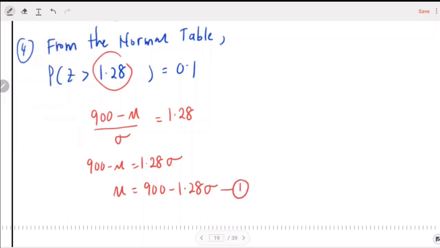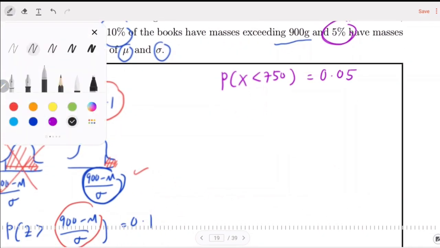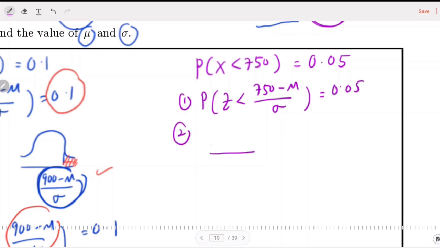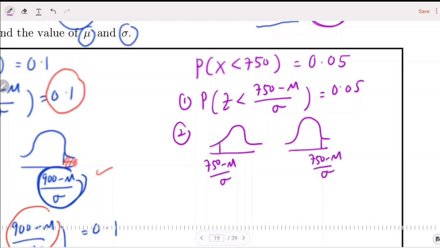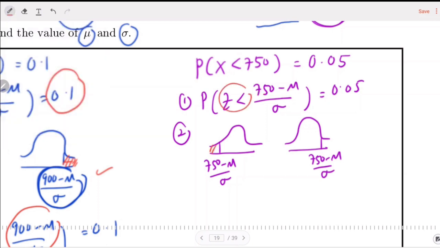And then we proceed with the second probability given and do the same thing. Standardize. Bell shape. Shaded region, Z less than, going to the left.